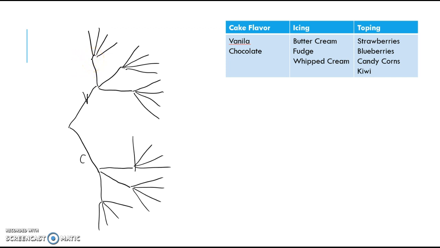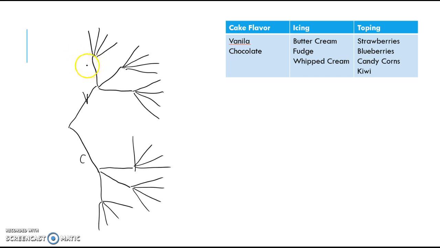So if we take a look at our potential possibilities here, it's really nice if you choose words without the same first letter, so you can use V for vanilla, C for chocolate. So our first branches into our 2 different possibilities and cuts all of them in half.